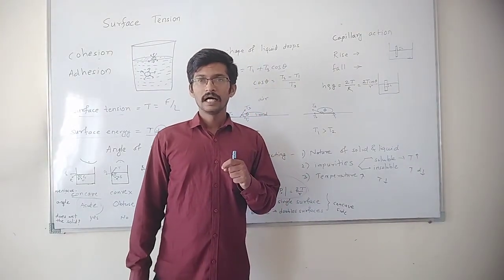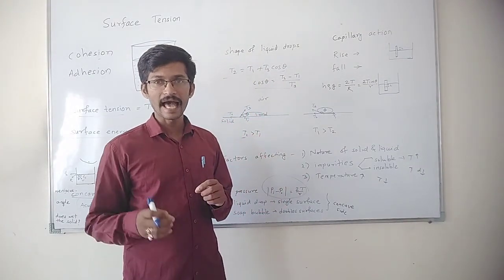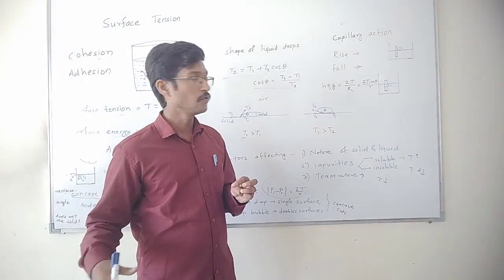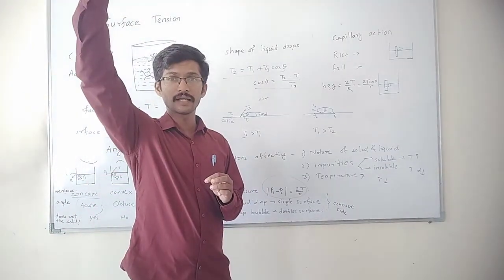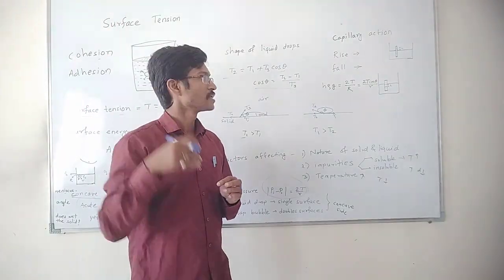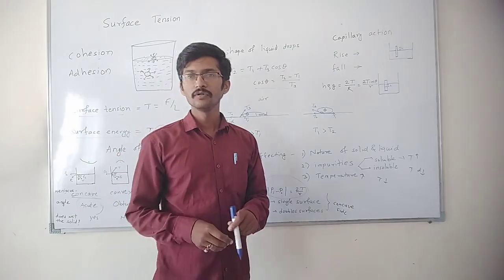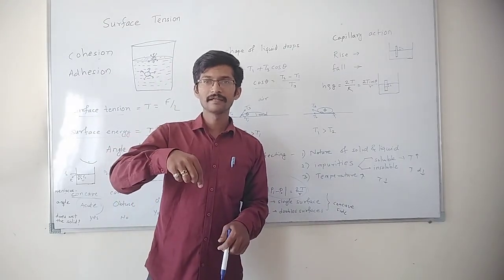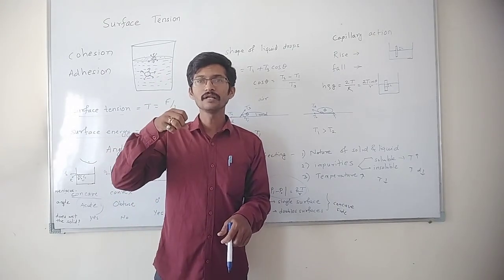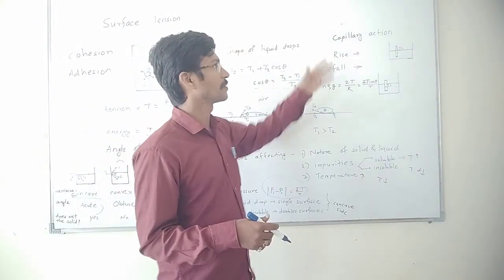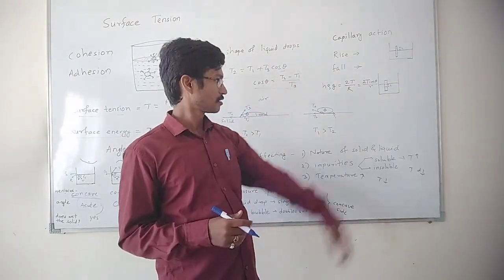Trees carry water from the ground to the topmost leaf of the tree. That happens because of capillary rise. Or if you put bread in milk, it absorbs the milk. That is also because of capillary rise.